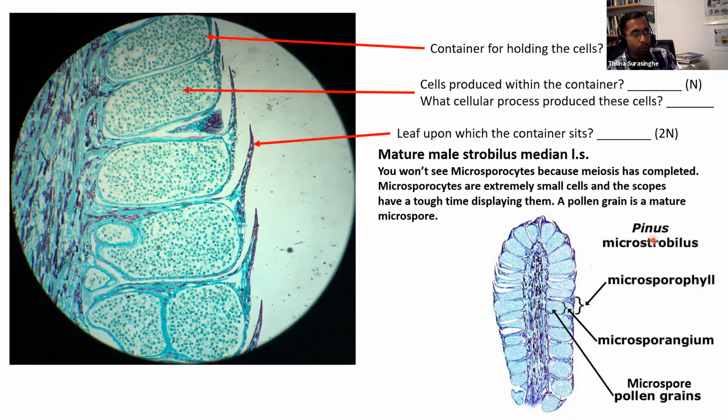The questions are: what is this overall structure called, and what are the things you find inside that are diploid or haploid called? If they are diploid, that's a different name; if they are haploid, that's a different name. And then this particular structure that holds these things, what are their names? The answer is right over here, but I do want you to understand those names and be able to label these independently.